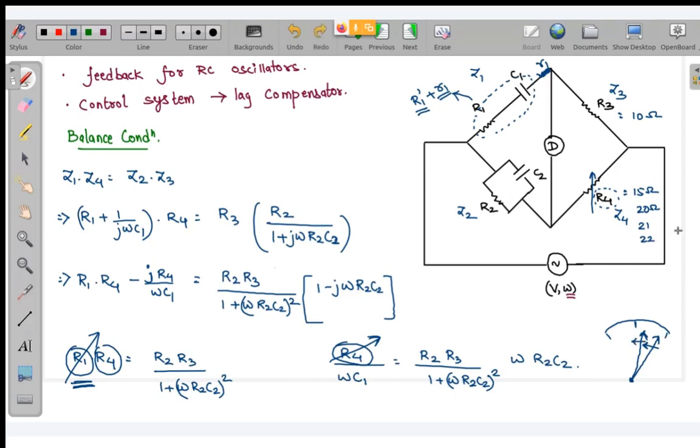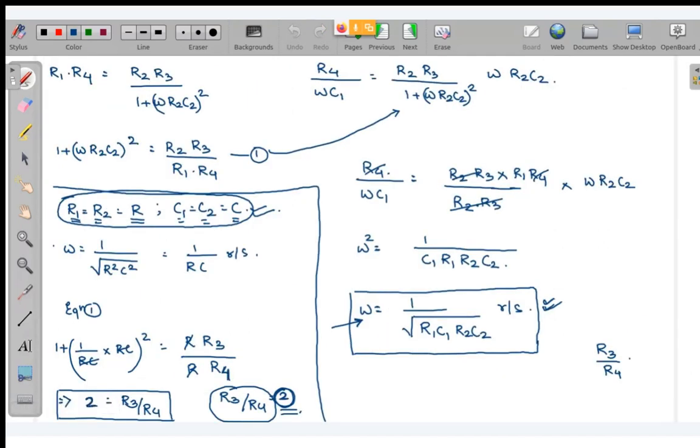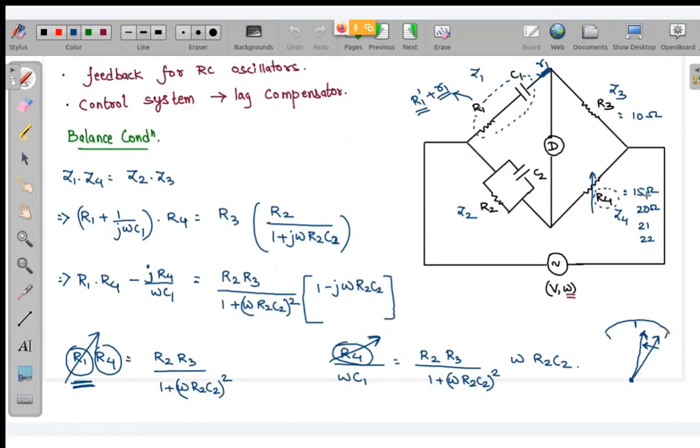I will keep it at 20 ohm only, and I will start to manipulate R1. Now why am I doing so? Because I got one very interesting result when I keep the ratio of R3 by R4, sorry, here it is half. So I have taken one wrong thing, so let me erase this example, please.